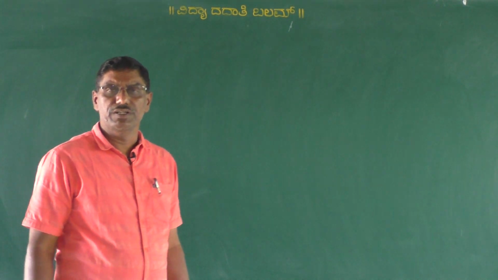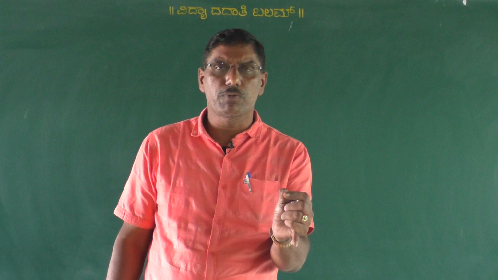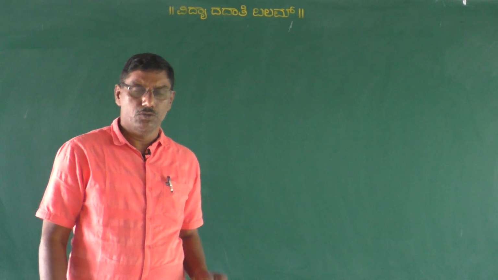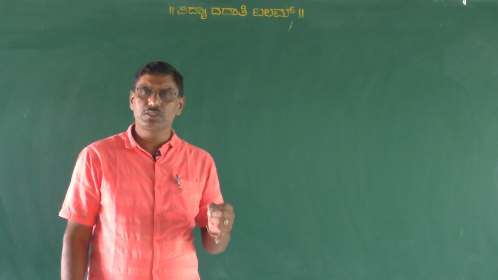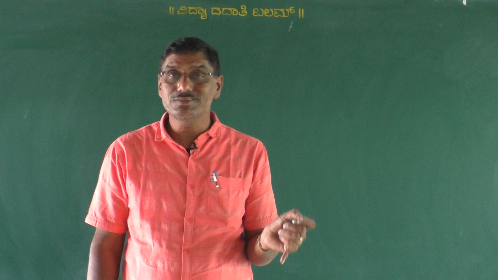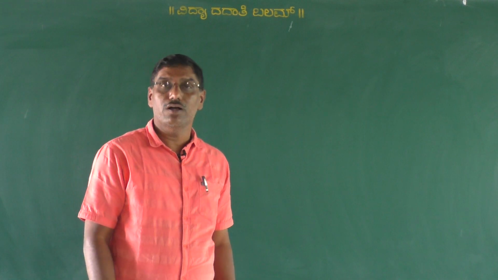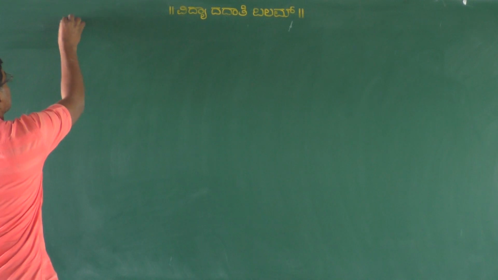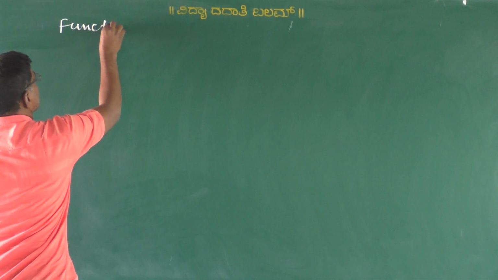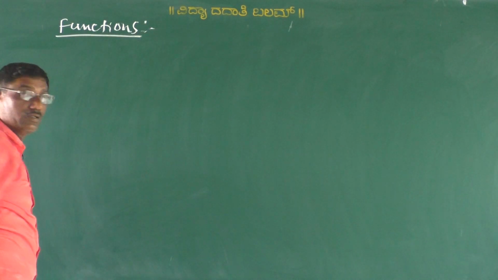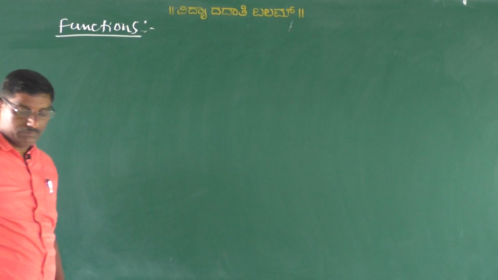In the last class, we discussed some of the problems related to relations, isn't it? Today, we are going to discuss a special class of relation, what we call functions.